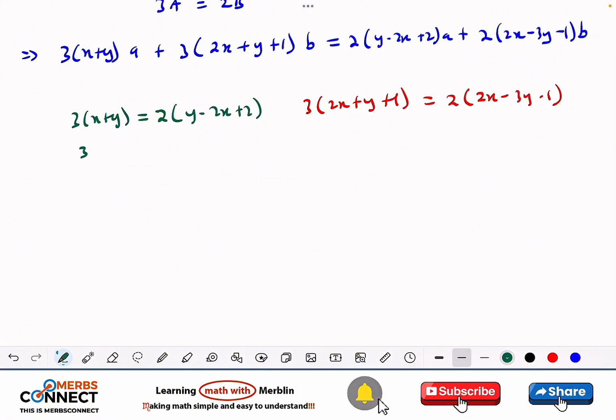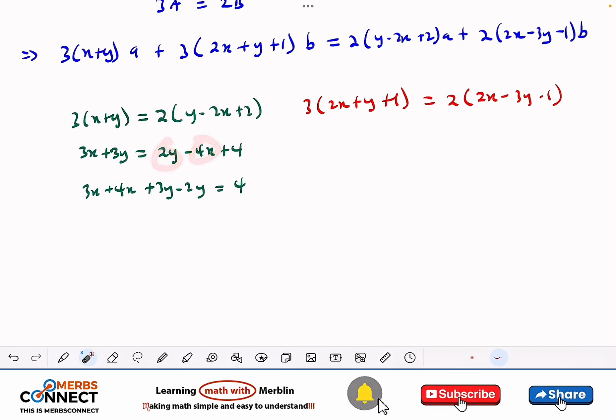This is going to be 3x plus 3y is equal to 2y minus 4x plus 4. So this is 3x plus 4x plus 3y minus 2y, which is equal to 4. I move this and this to the left. So I'm going to have 7x plus y is equal to 4.